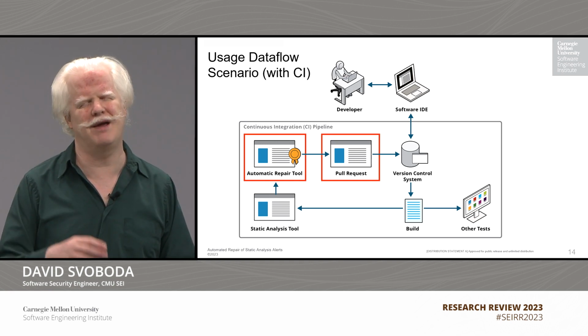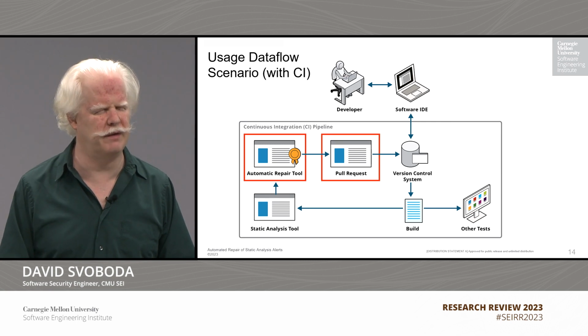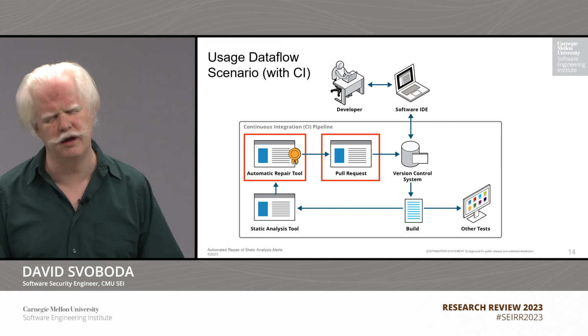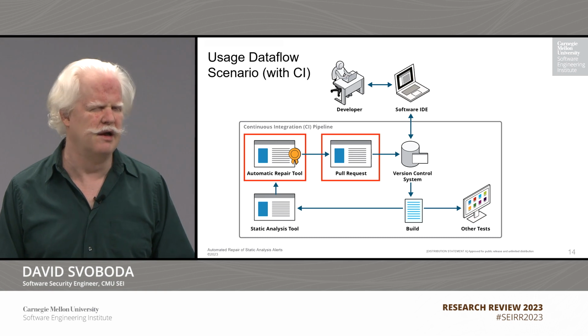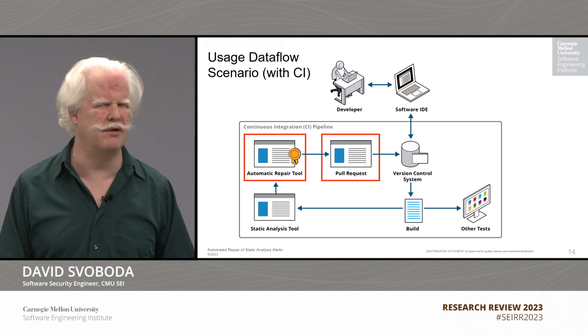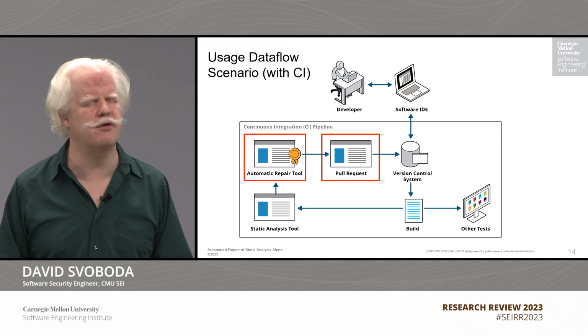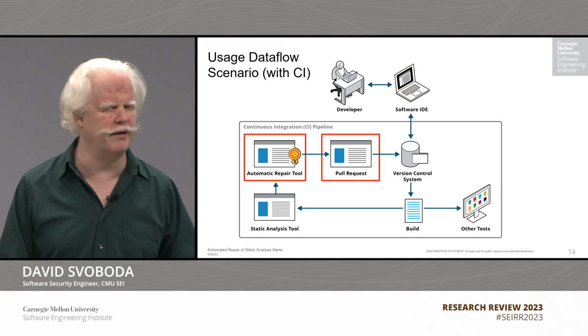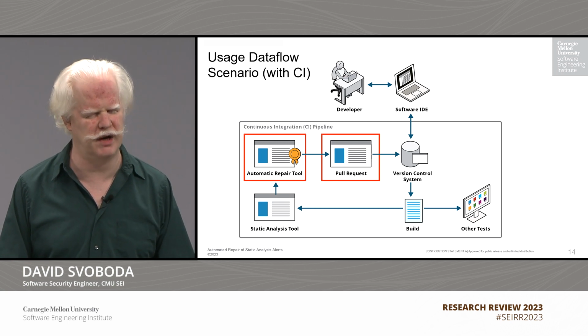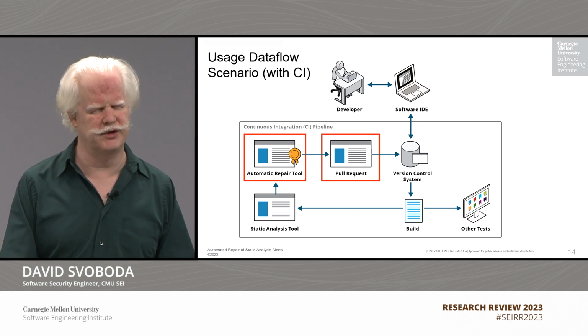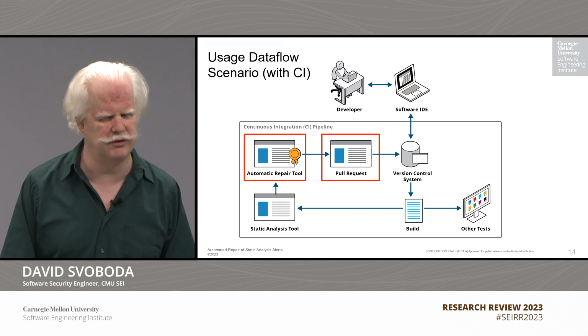Usually pull requests are made by one developer, and so the other developer will have a nice interface, maybe a web interface, that lets them see the differences between the old and new code and lets them comment on it. And you can have lots of comments and discussions about why the code is this way and why the patch is this way. But ultimately, the developer's job is to either accept the patch or reject it.